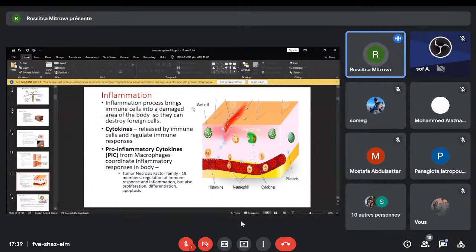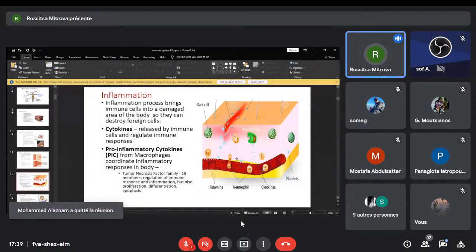The inflammation process brings immune cells into the damaged area of the body so they can destroy foreign cells. The immune cells release cytokines and regulate immune responses, the so-called pro-inflammatory cytokines from macrophages.